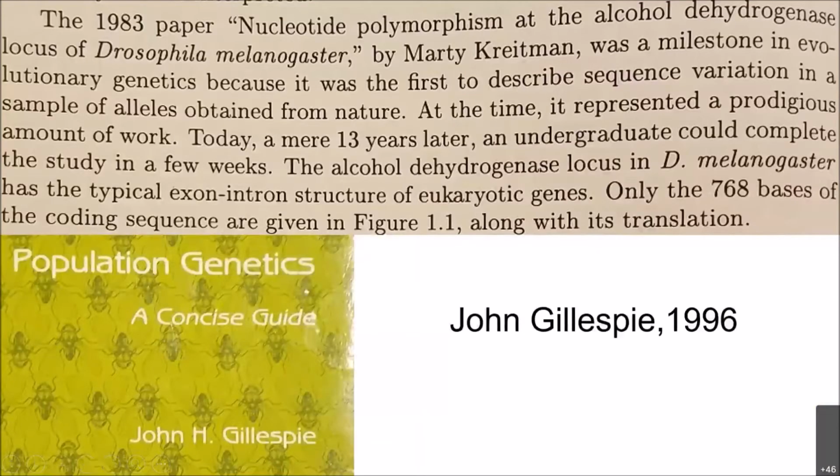With that, I'd like to close the approach section of the talk with a quote from John Gillespie's book on population genetics from 1996, which talks about Marty Kreitman's 1983 paper. In 1996, just 13 years after that paper, it was possible for an undergrad to do the same project, which took Marty Kreitman years to do, with lots of danger and lots of time and very difficult.